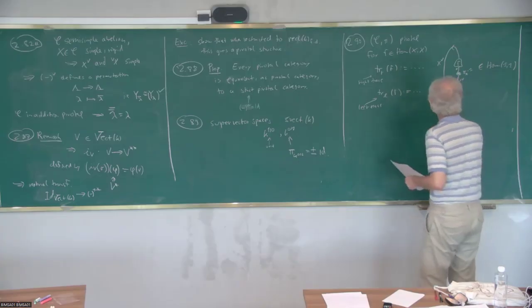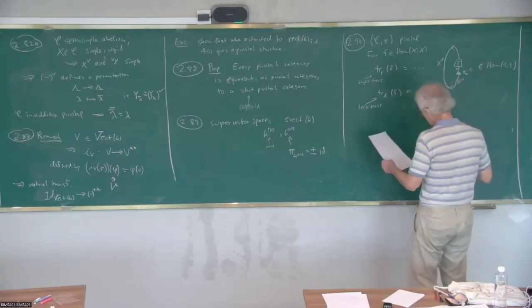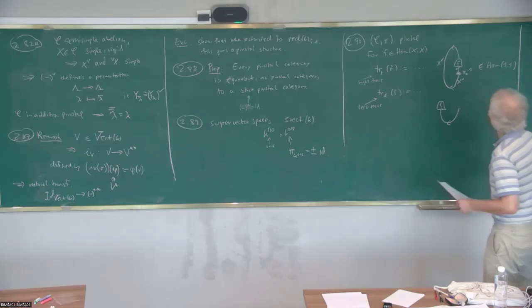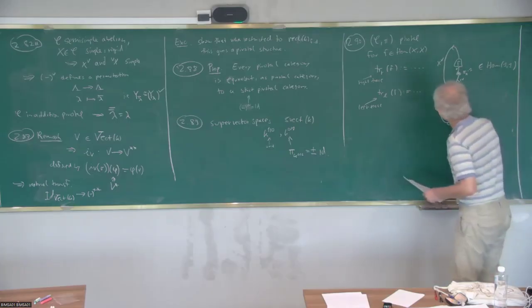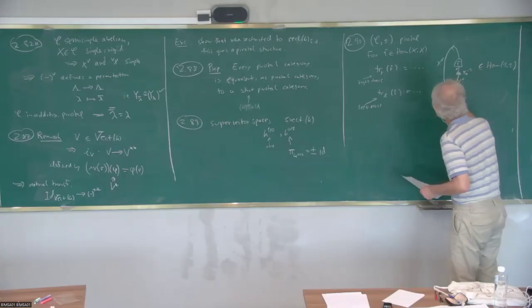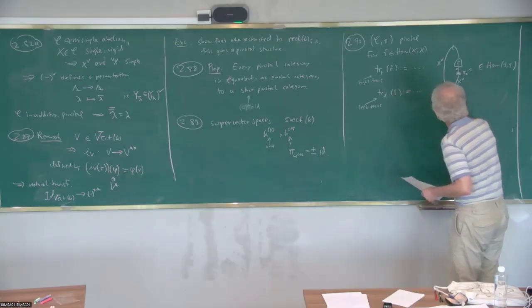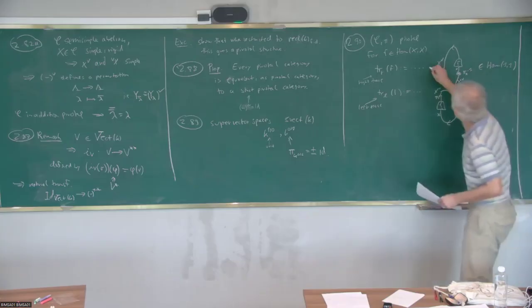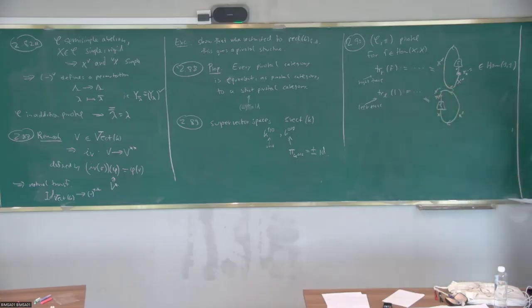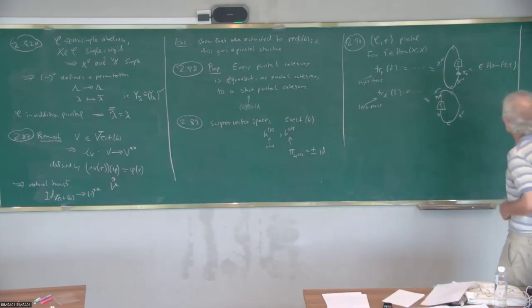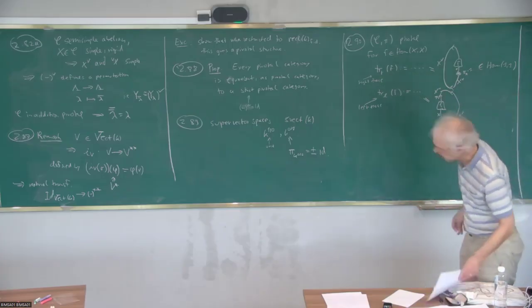And analogously, we trace on the other side. In that case, we have X here, so X dual here, therefore X double dual here. And that means we need the pivotal structure on X here. And in general, these are two different morphisms.